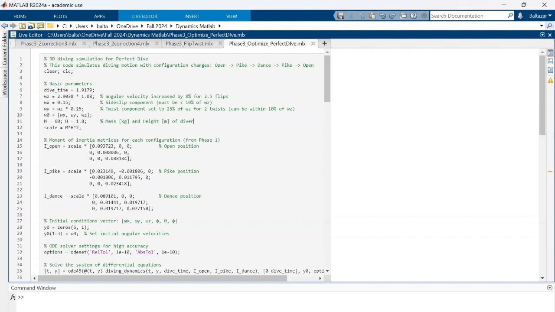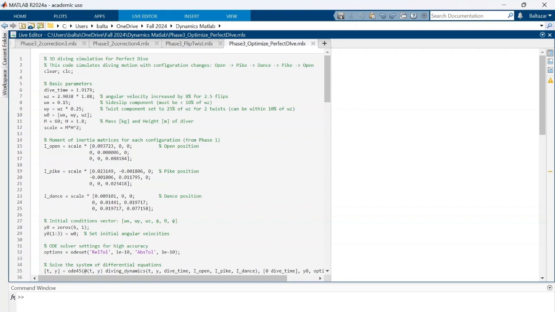For phase 3 of our perfect dive, the goal of this code is to simulate a dive with added complexity by optimizing a sequence of configurations, starting with open, transitioning to pike, then dance, and adding a new configuration of pike, and finally ending up in open, all while tracking the flips and the twists.